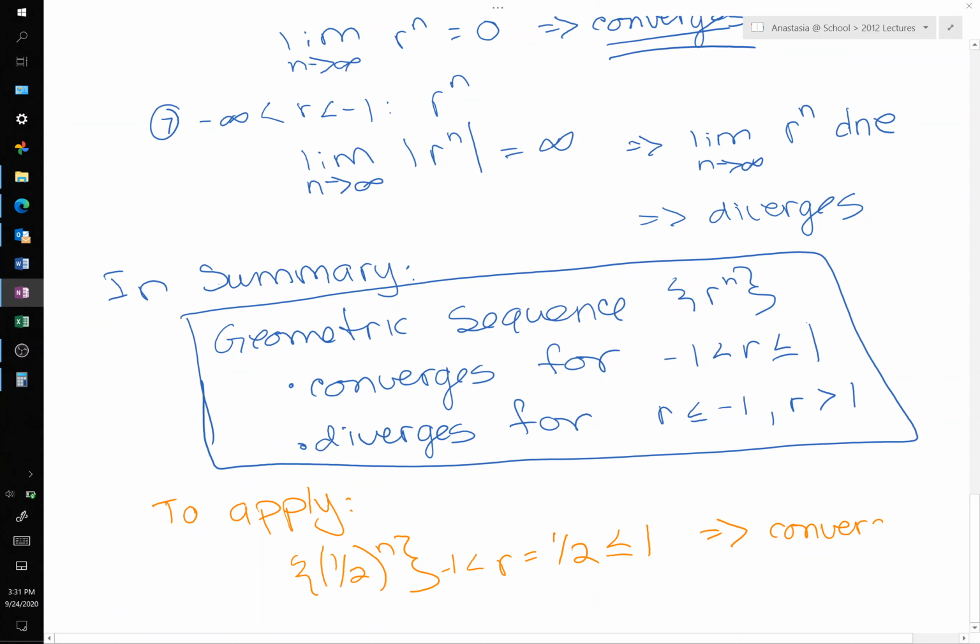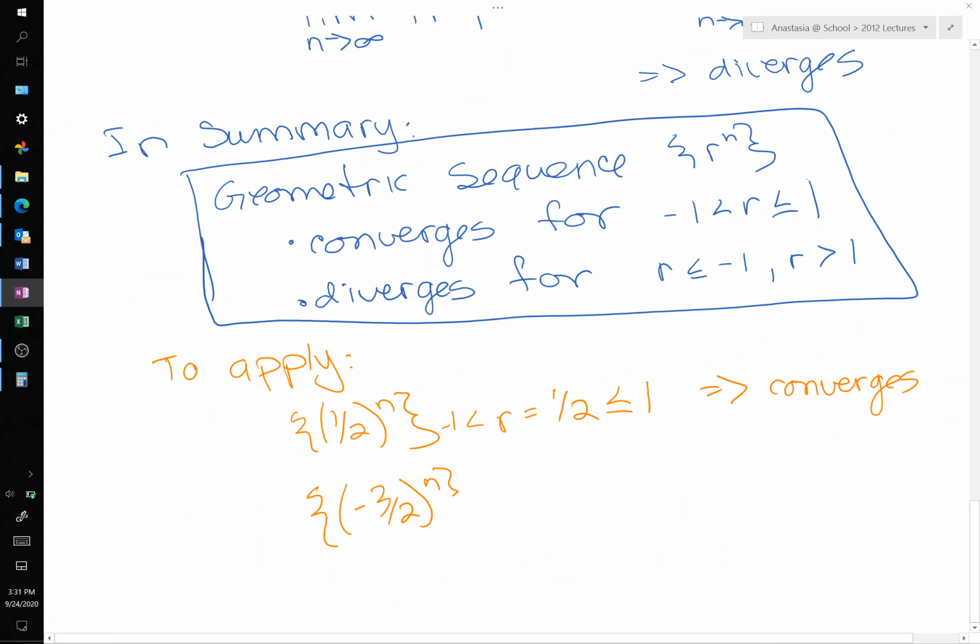If you have (-3/2)^n, then r is equal to -3/2, which is less than -1, which means it diverges. And it's as simple as that.